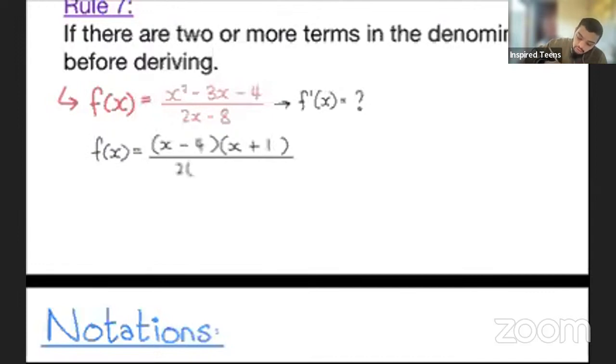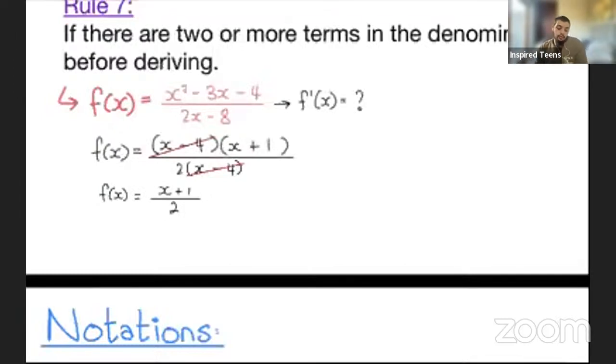And here I can factor out 2. This becomes x minus 4. So now I can cancel this and that. And I am left with f of x is equal to x plus 1 over 2.